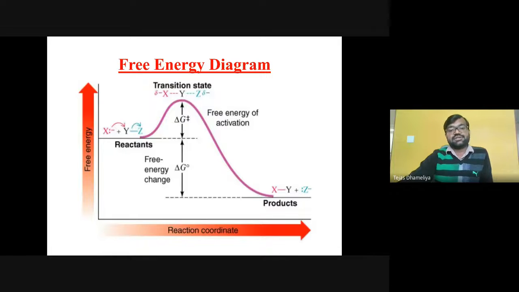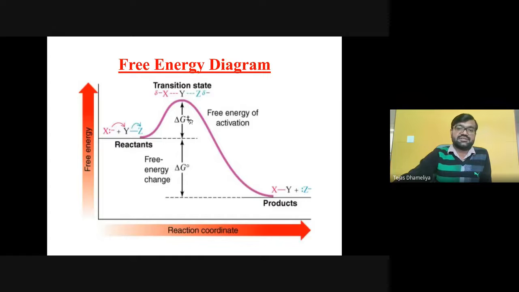So with respect to this, we can see that reactants are having higher free energy, and that transition state is even having higher energy. So the difference in the energy of reactants and transition state is termed as energy of activation. Free energy of activation, delta G star or delta G double dagger.